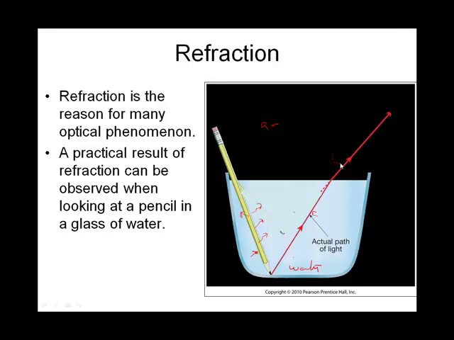It's bent away from the normal, and so actually, if you put your eyeball up here, okay, here's your eyeball in this figure. When you're looking down at the tip of the pencil, its trajectory as it leaves the water appears to be like this. So if you backtrack down here, it looks like the pencil is right here.